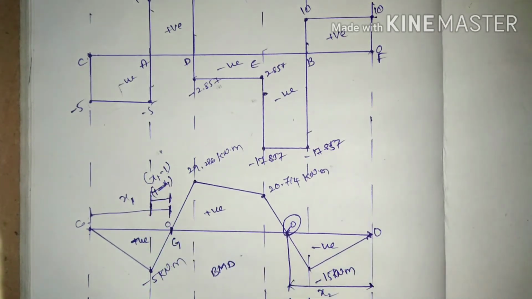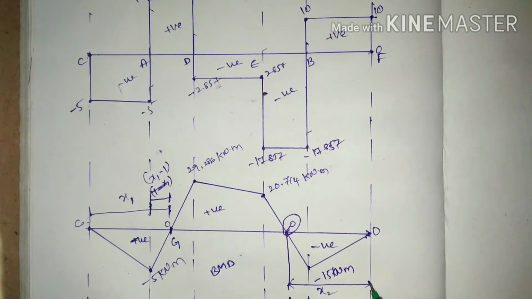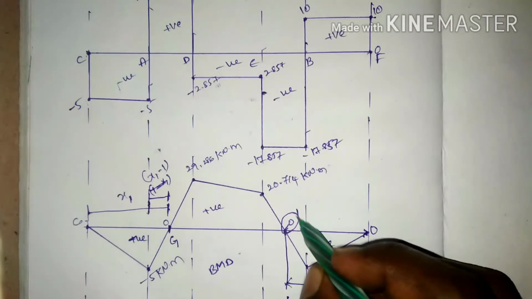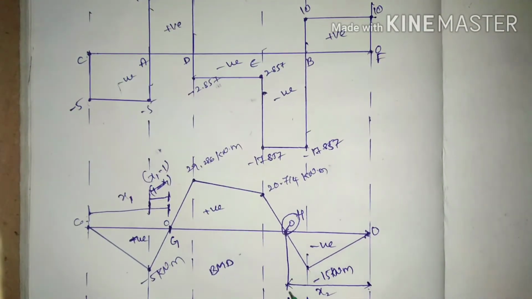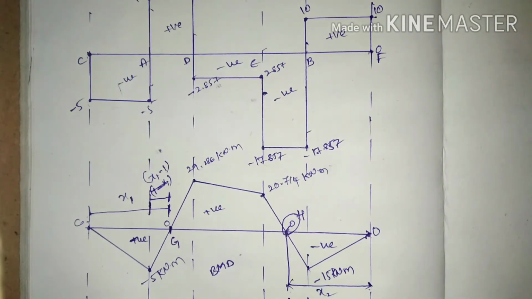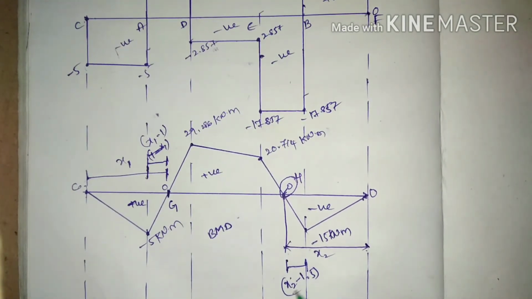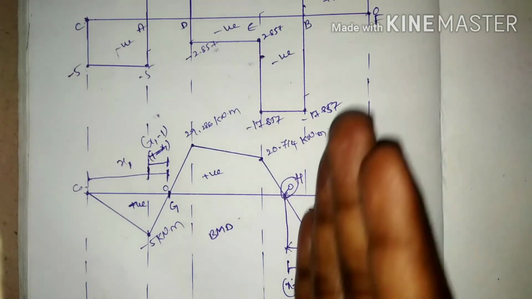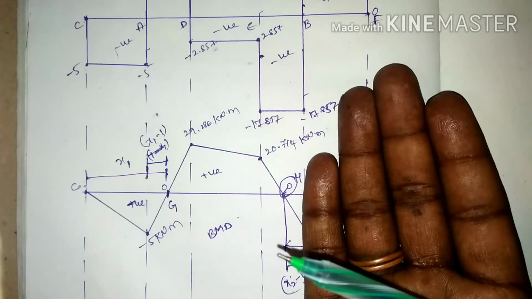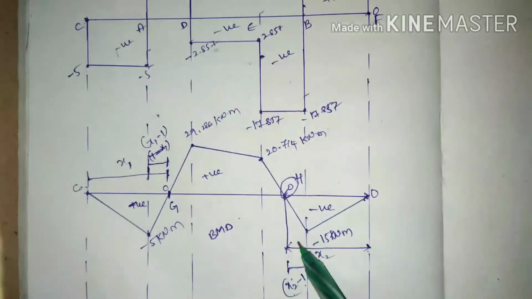Similarly, from F, let this point be H. From F to H we have x2 distance, and from B to H we have x2 minus 1.5. If you eliminate this from the x distance, you get the value of B to H.